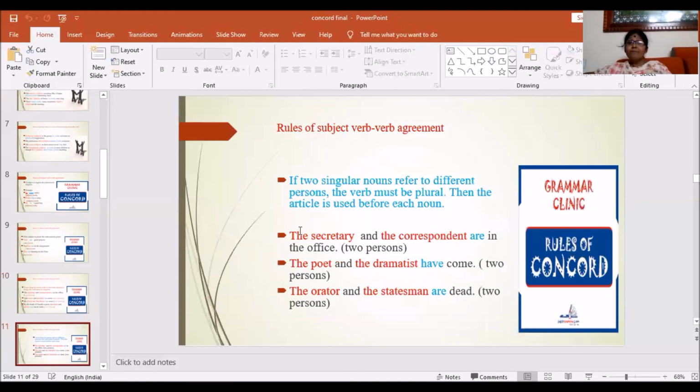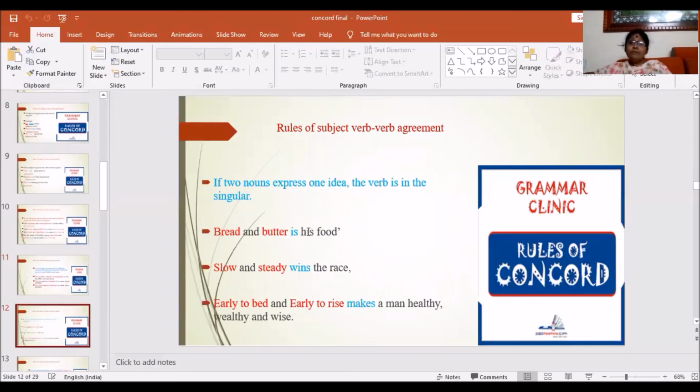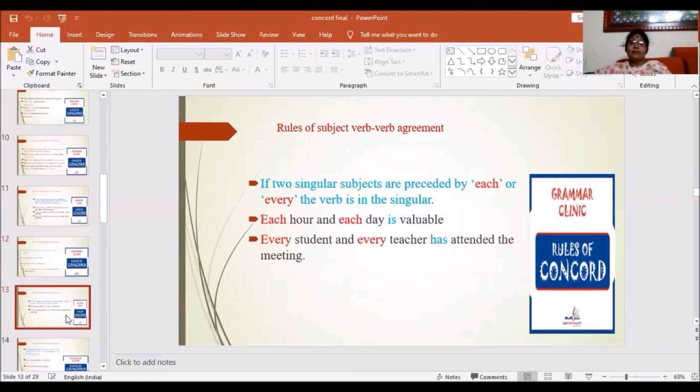Right? Then if two singular nouns refer to different persons, the verb must be plural, right? If two nouns express one idea, the verb is in the singular. If two singular subjects are preceded by each or every, the verb is in singular form, right?